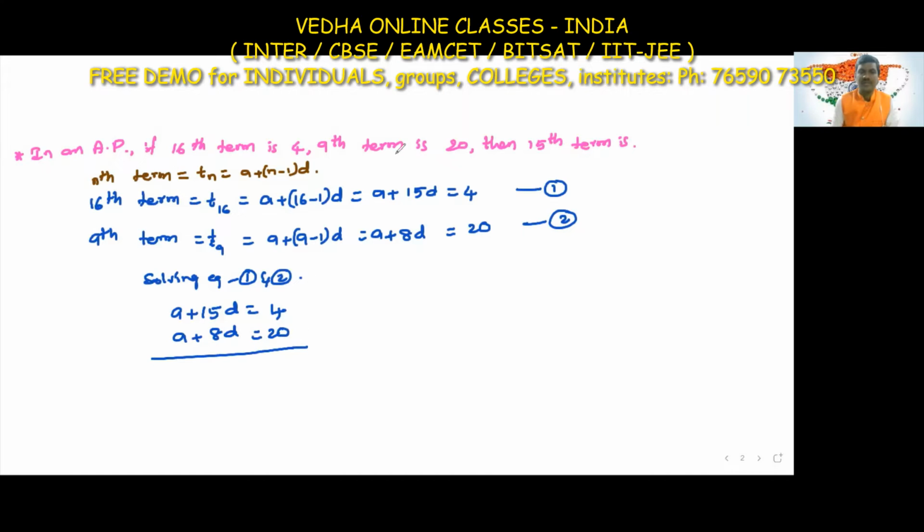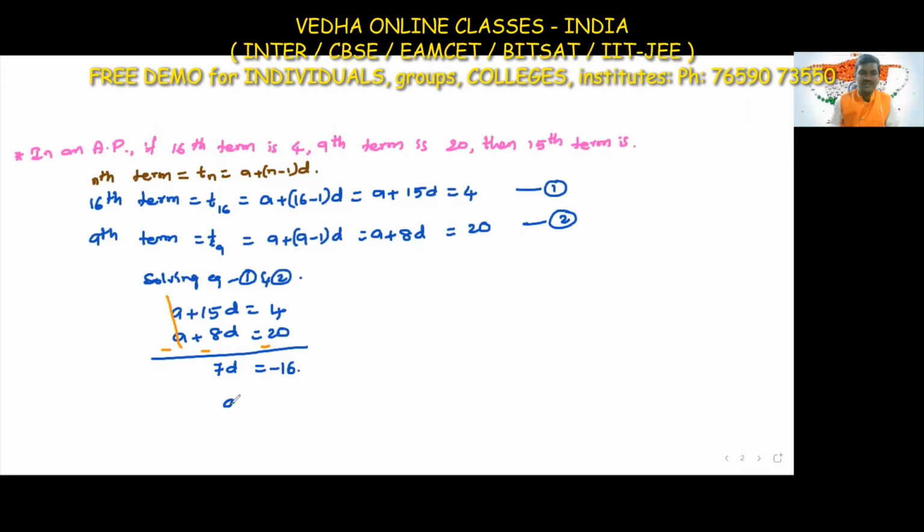Now I am subtracting. Here a and a cancel. 15d minus 8d is 7d, which is equal to 4 minus 20, that is minus 16.